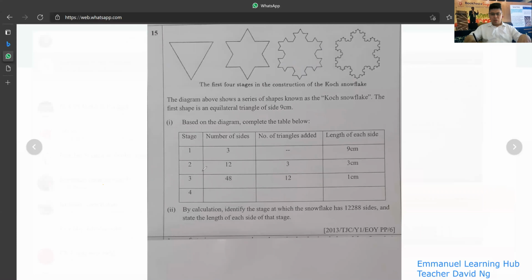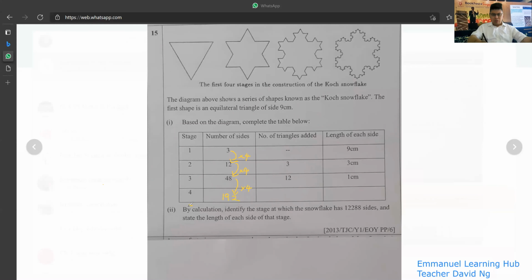Then after that, we're going to have stage 4, number of sides. Stage 4, your number of sides would be how many? So you have to look at the pattern here. The pattern here obviously is times 4. So 48 times 4 will give you 192.